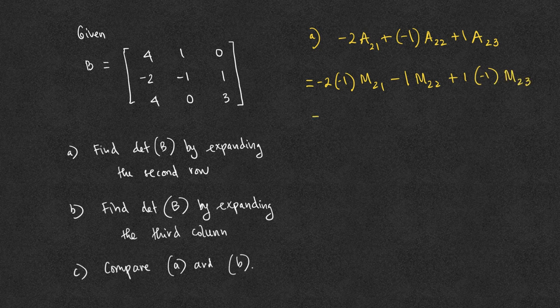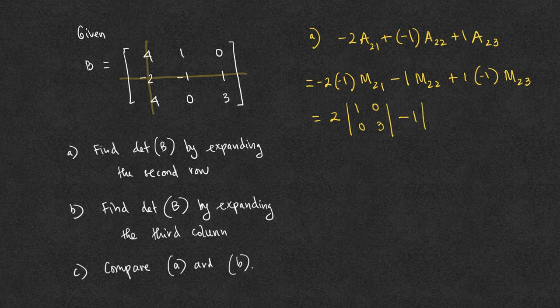The minor is the smaller matrix that remains after we cross out the corresponding row and column. For the minor 21, we need to cross out row 2, column 1. The remaining matrix is therefore 1, 0, 0, 3.